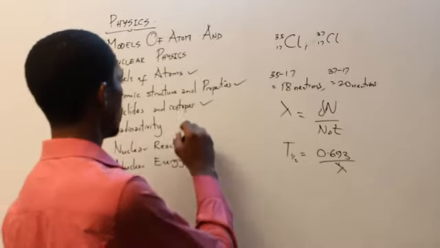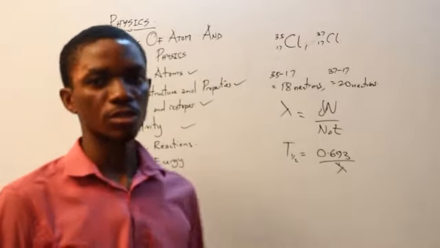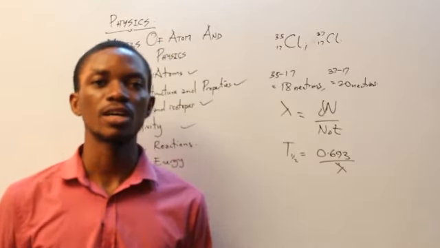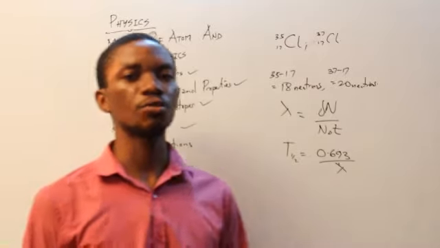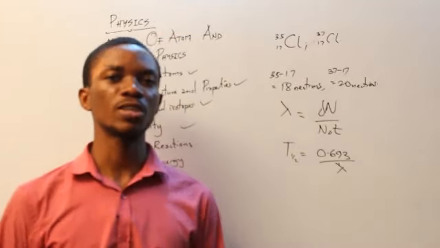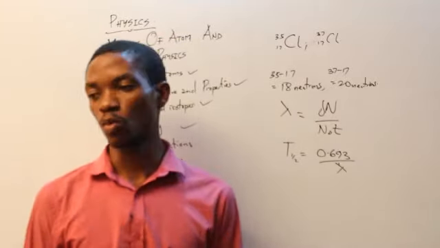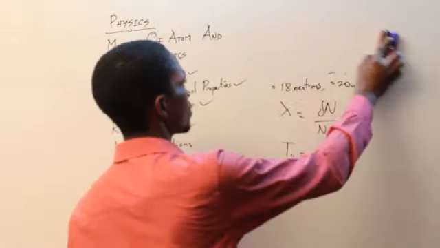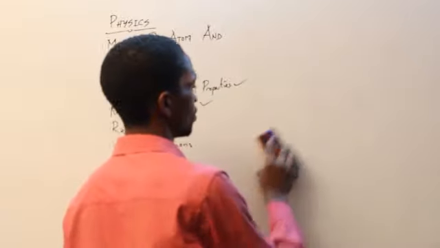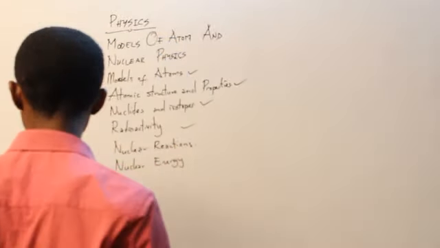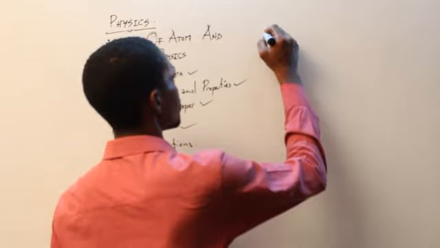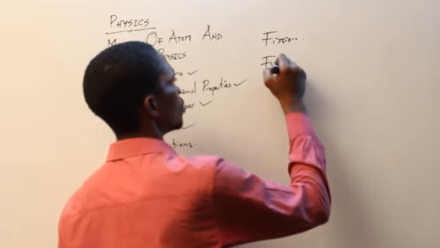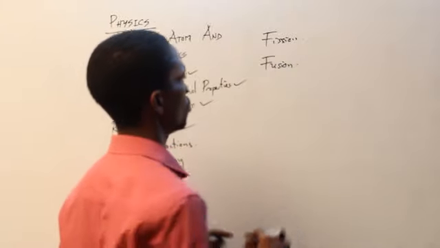Alright, let's talk about nuclear reactions. There are two major types of nuclear reactions: nuclear fission and nuclear fusion.